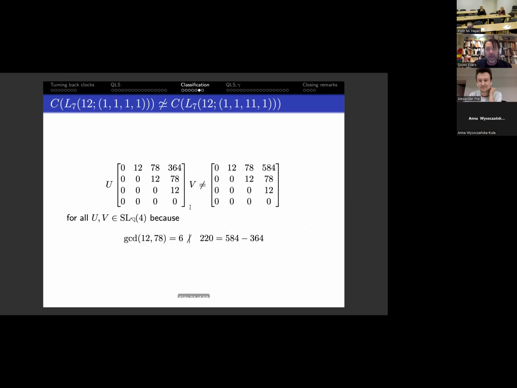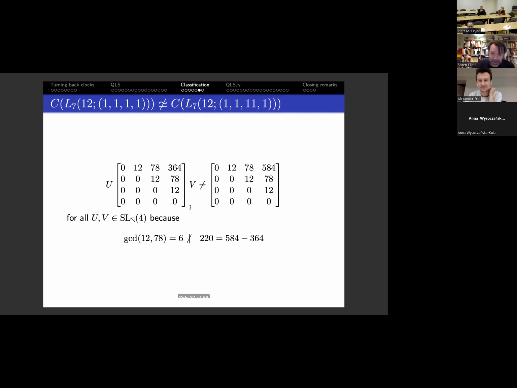Thank you. So my point here is that if I just look at the numbers that had a difference of 220, which was exactly just choosing 1 and 11, you can see that I cannot do this anymore. The only thing I can do with these SL matrices is make row additions and column additions, and maybe some row subtractions and column subtractions. But the only numbers I have to use are 12 and 78.